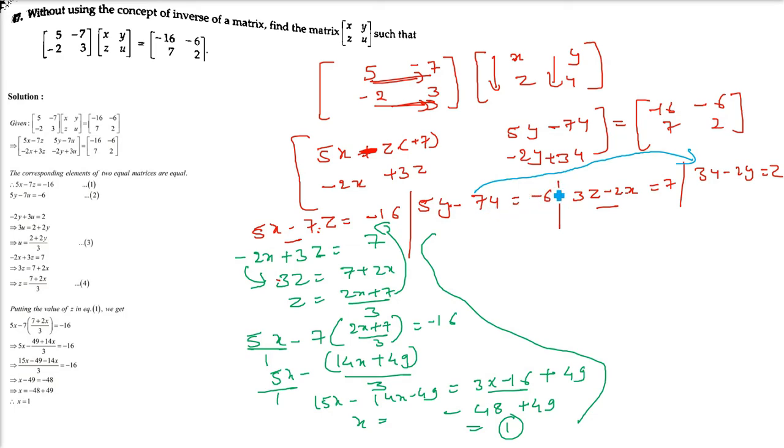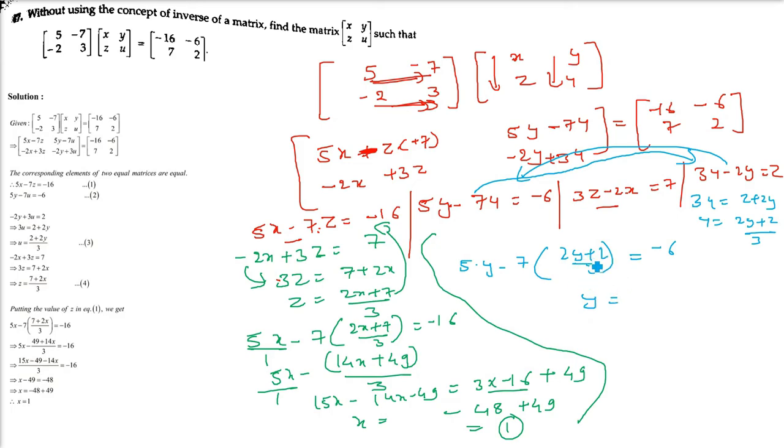Now coming to the other two equations. We have 5y minus 7u equals minus 6, and from the other, 3u equals z plus 2y. So u is (z plus 2y) by 3. Let us put it in here: 5y minus 7 into (2y plus 3) by 3. Now let us solve it.